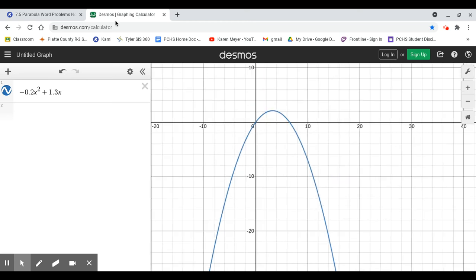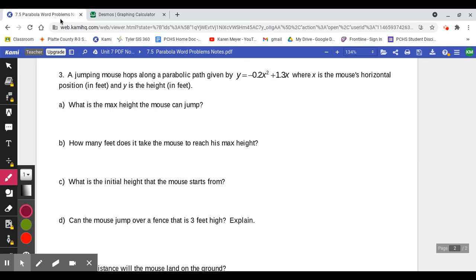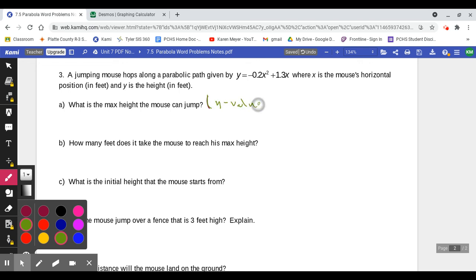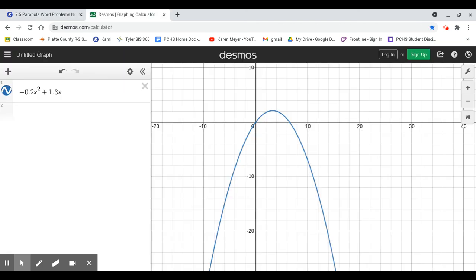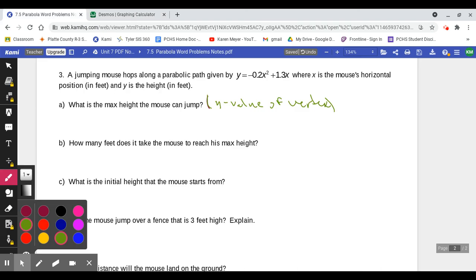For this one, it says, what is the max height? Max height is the y value of the vertex. Here's my vertex, and the y value is about 2.1.